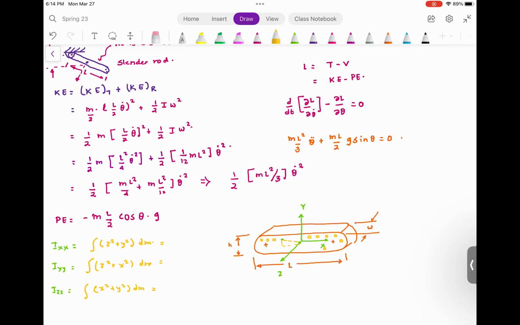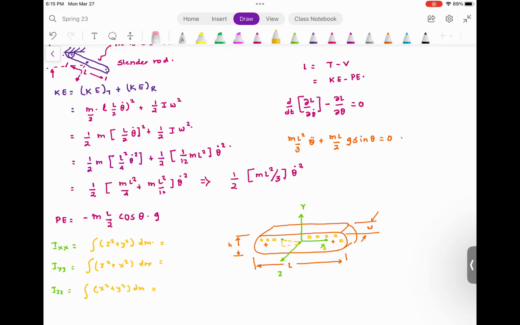For example, as in the earlier example, if you are performing integration about this point, you would be doing integration from minus L to plus L, minus h by 2 to plus h by 2. Everyone understood this? So your limits of integration are varying. If you are varying z and y, then you have plus w minus w for z, and y is going to be plus h minus h.